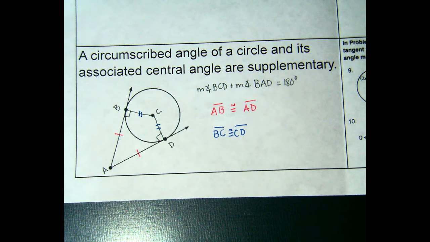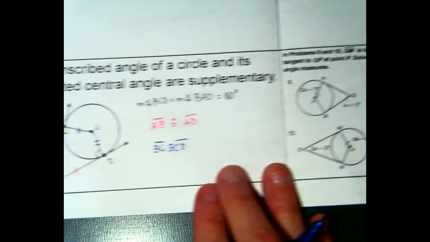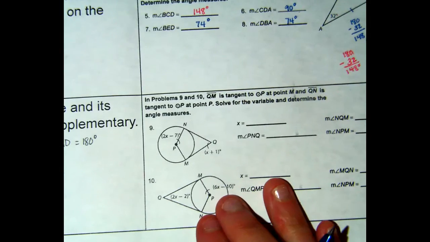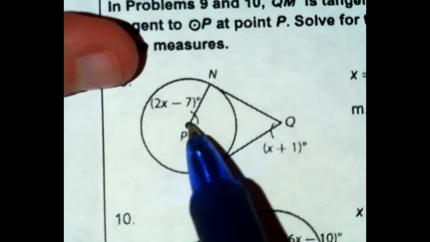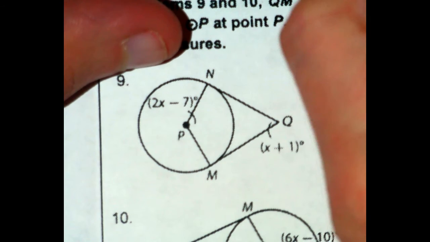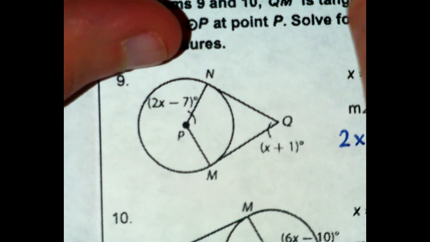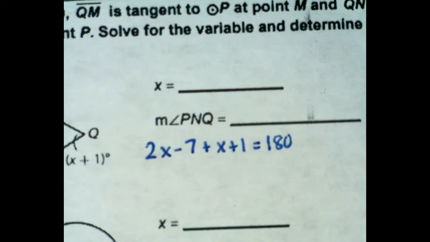9 and 10. Okay, number 9. First we have to find x. What is true about angle P compared to angle Q? So 2x minus 7 plus x plus 1 equals 180. There's not a whole lot of room here, I know that, and I'm sorry.